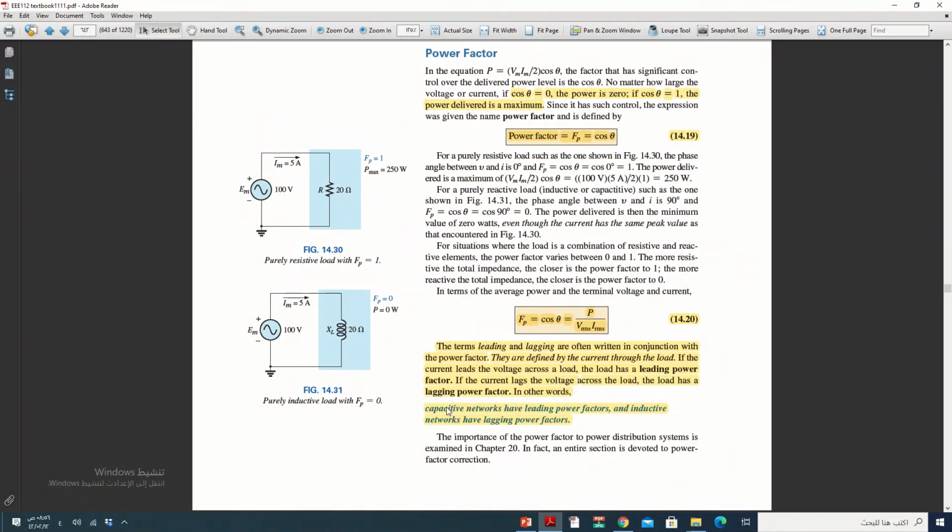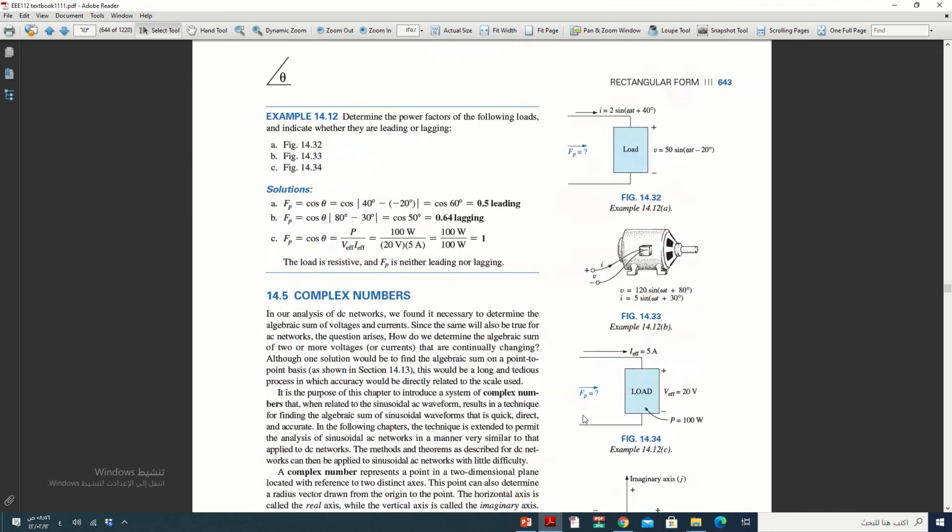See here, a capacitive network has a leading power factor, an inductive network has a lagging power factor. If you go to this example, determine the power factor of the following loads and indicate whether they are leading or lagging. 14.32: we have an angle for the current of 40 and an angle of 20 for the voltage.